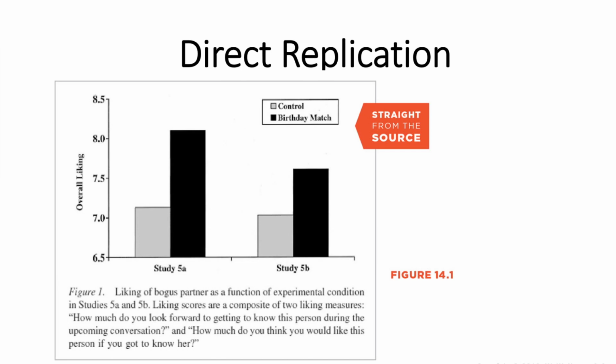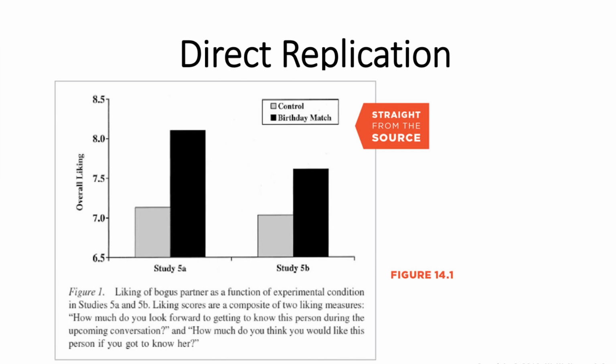All of the other information on these forms, even though the participants were told that this is this other person's information from the survey, they held that information constant. So everybody saw the exact same information on the page. The only thing that differed was the ID number at the top that either matched the participant's birthday or not.